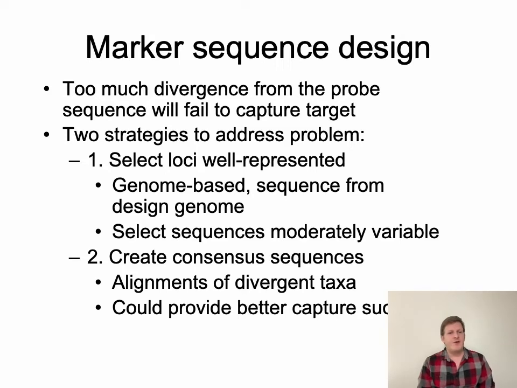And the alternative strategy I will compare is creating consensus sequences with alignments of divergent taxa that could provide better capture success if you have enough of the taxa from a large phylogenetic breadth that you would basically have very even divergence from the probe sequences across that entire clade.